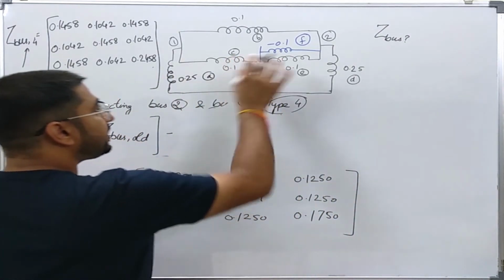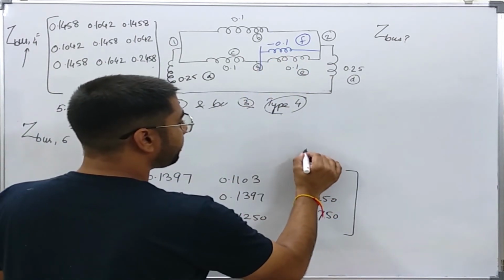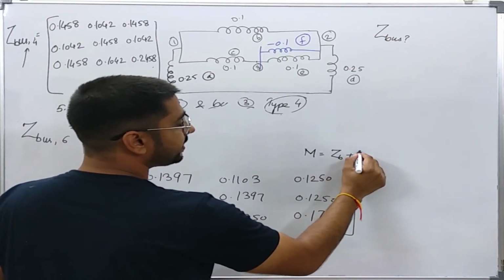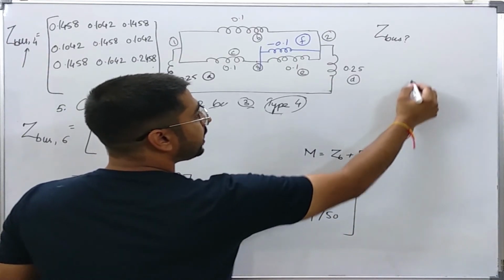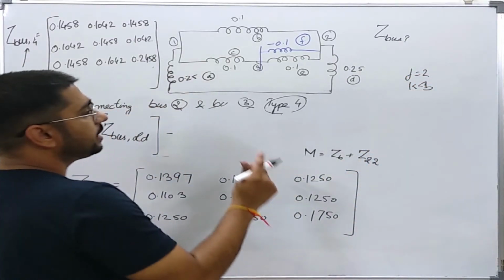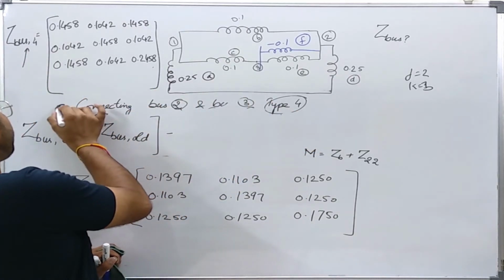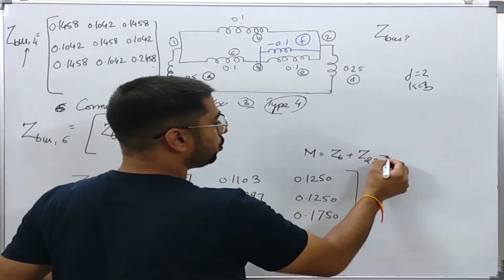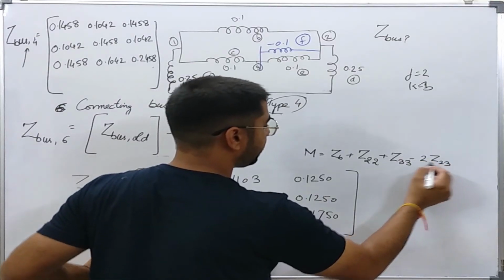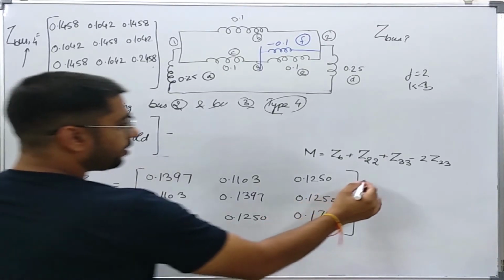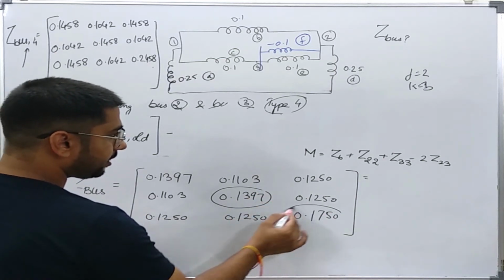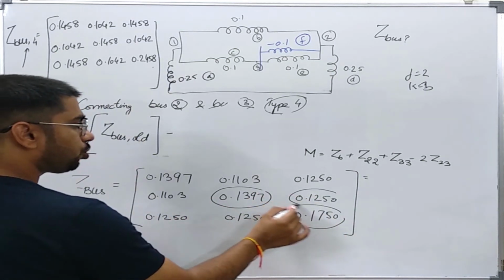For this step, M will be Z branch plus ZJJ, where J is 2 and K is 3. It is similar to step number 5. So Z22 plus Z33 minus twice Z23. In this matrix I will find all the values. This is Z22, this is Z33 and this is Z23.